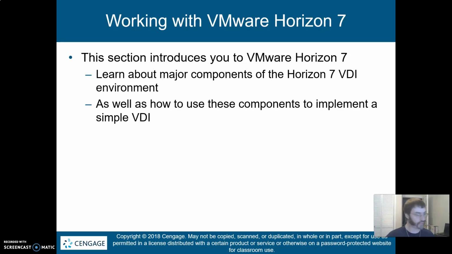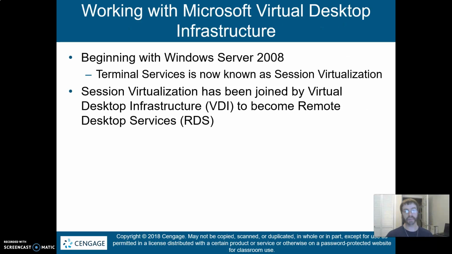Now, the other thing we're going to talk about in the 3 videos subsequent to that is the Microsoft virtual desktop infrastructure. Now, the VMware virtual desktop infrastructure is called Horizon, version 7. I believe it's been at 7 point something for a while now.